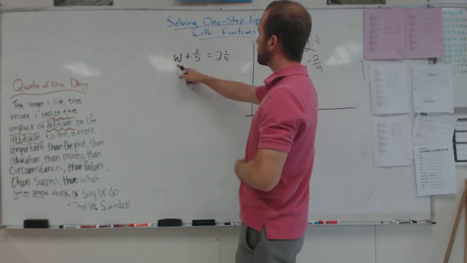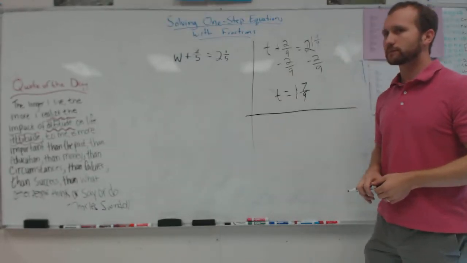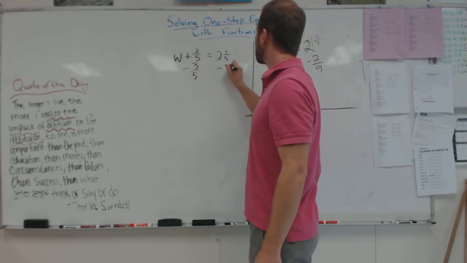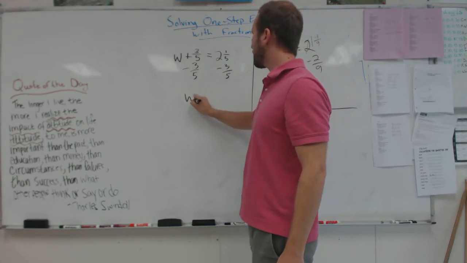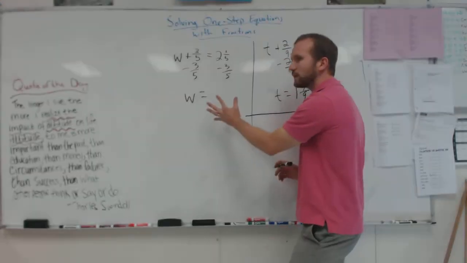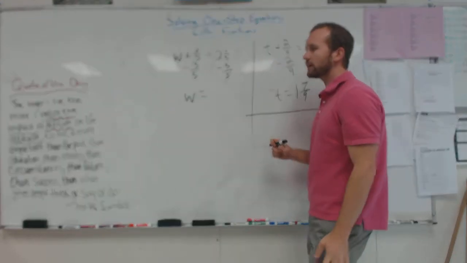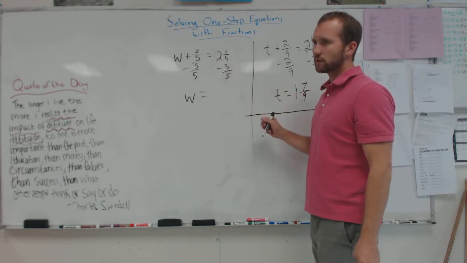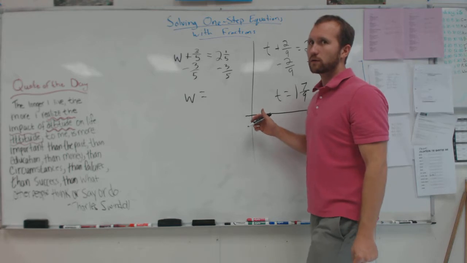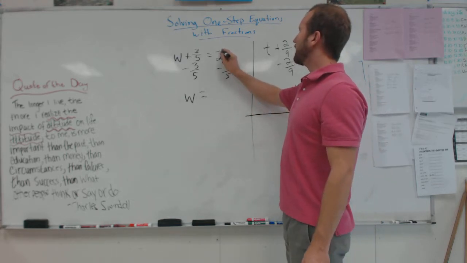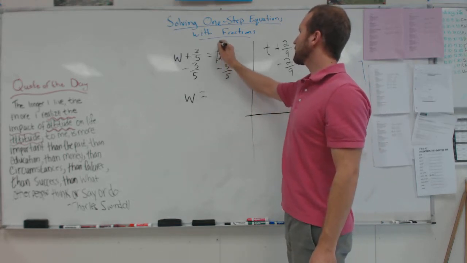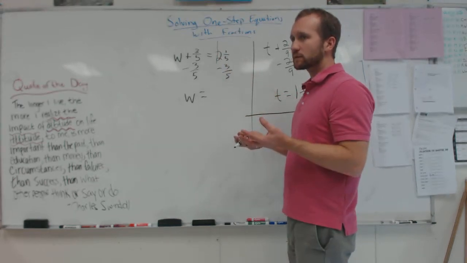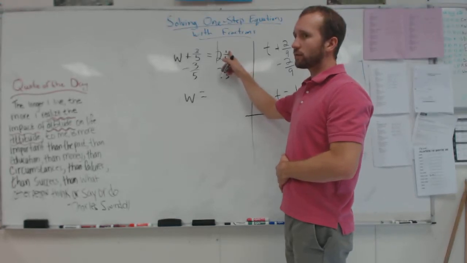So let's try this. What's my first step to solve this equation? Subtract 3/5. Over here I have w equals. I know I'm going to be done once I finish this because I've got my variable isolated. 2 1/5 minus 3/5. So I have to borrow here. So this is going to become a 1. I borrowed 5/5, but I already had 1/5.